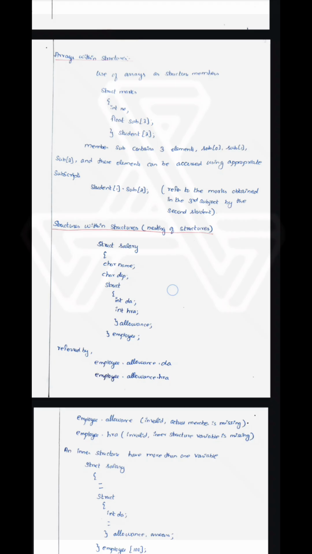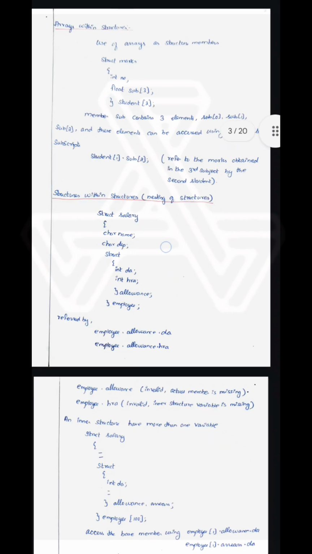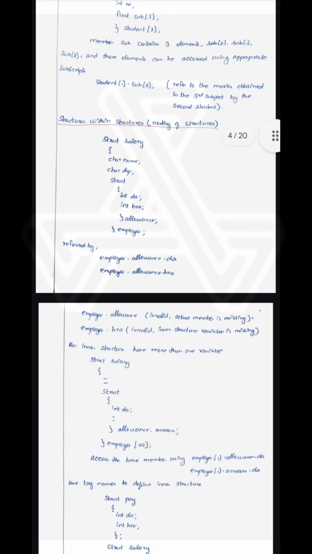Structures within structures. Struct salary, nesting of structure: char name, char dept, struct with DA, HRA, allowance, employee.